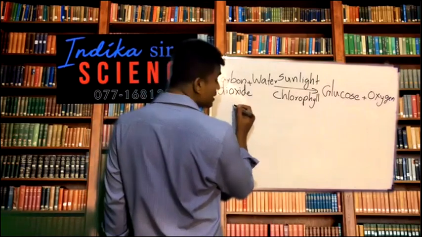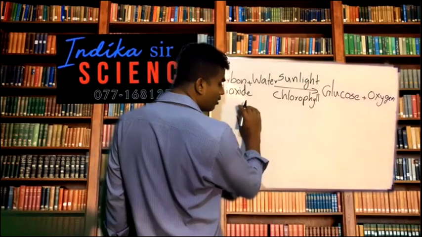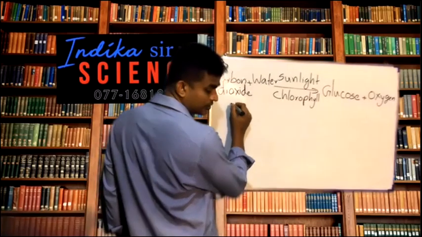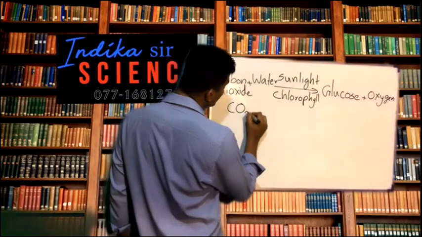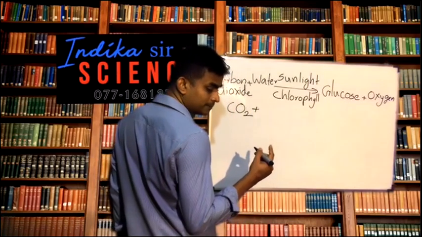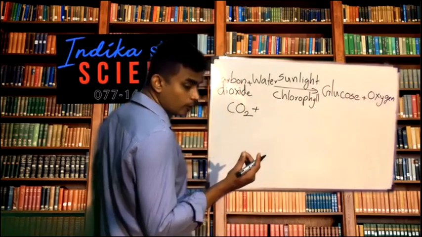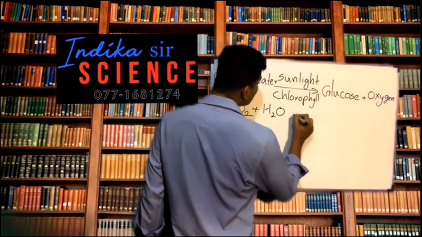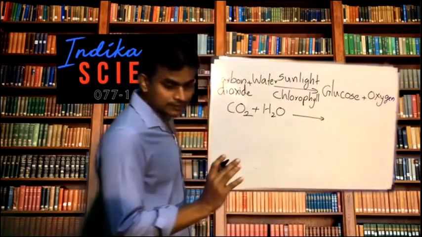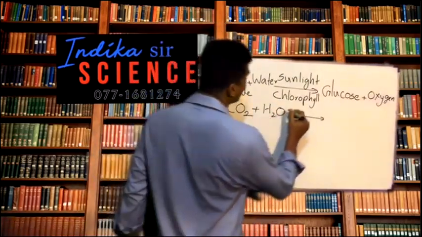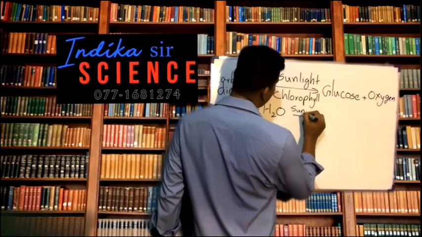What is the chemical formula of carbon dioxide? 6CO2. Water, 6H2O. Don't worry about these factors; they are not materials, they are not reactants. You can just write sunlight and chlorophyll as usual.